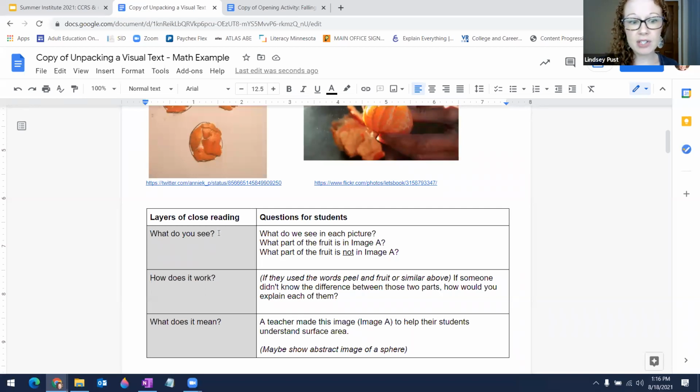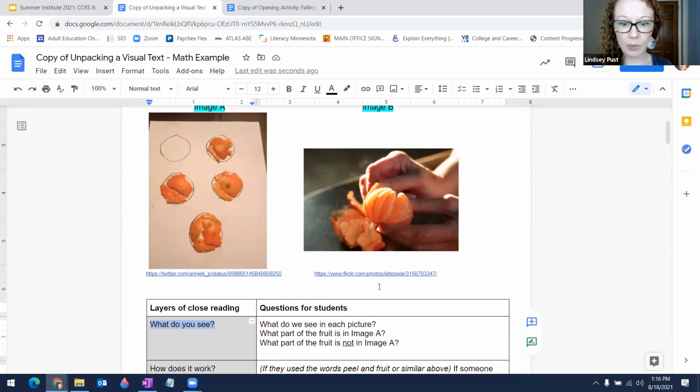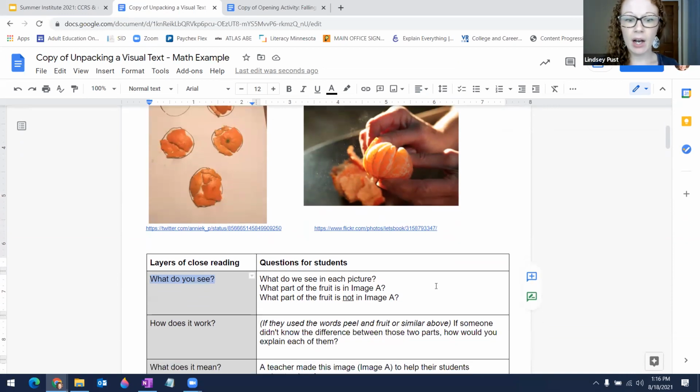But in this first layer of, what do you see? What do we see in each picture? What part of the fruit is in image A? What part of the fruit is not in image A? So, having students really look at what's there. The how does it work section could be: if someone didn't know the difference between those two parts, how would you explain that to them?